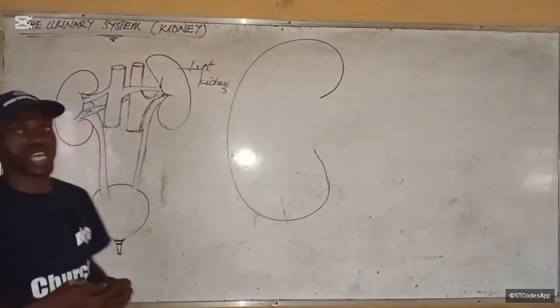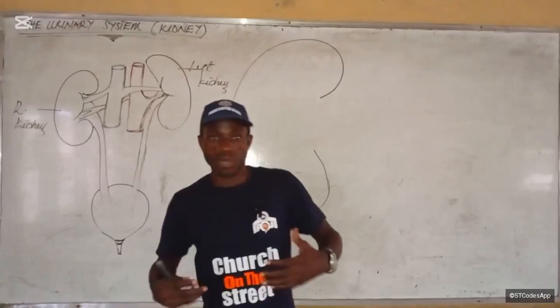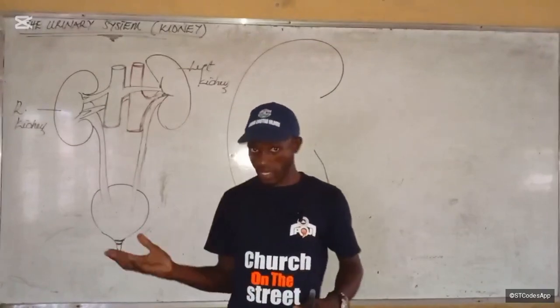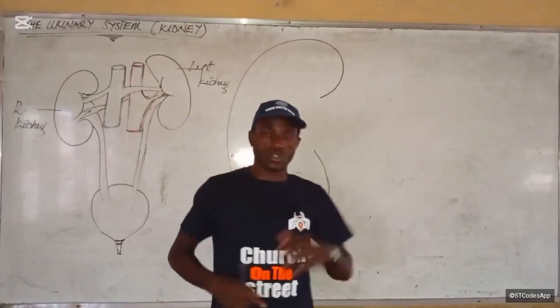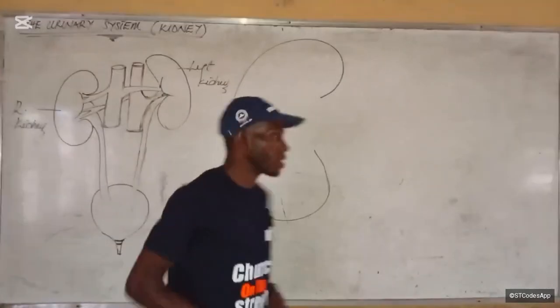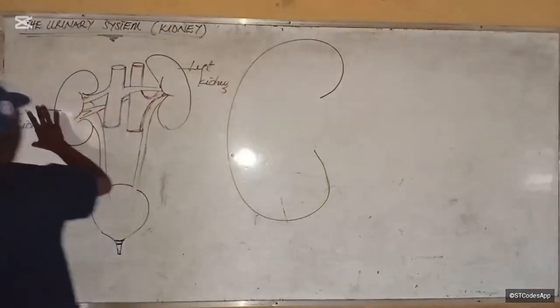If you are confused as to how this is being named, anatomically we look from our own perspective. So, from my perspective, this is my right, this is my left. So this will be my right kidney, and this will be my left kidney.